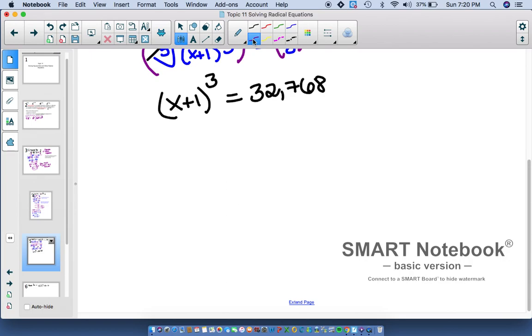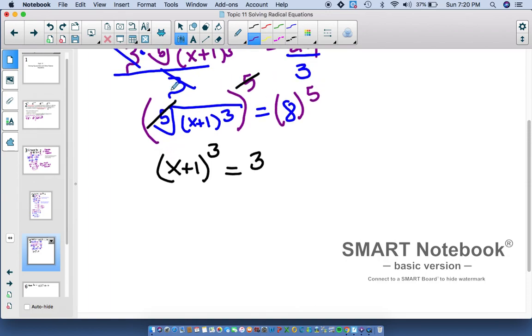The whole point of this is to isolate your x. So I have a quantity being raised to the 3rd power, so I have to undo that. Okay, today is not my day. So this was 32,000. Sorry guys, I'm having a lot of issues today.